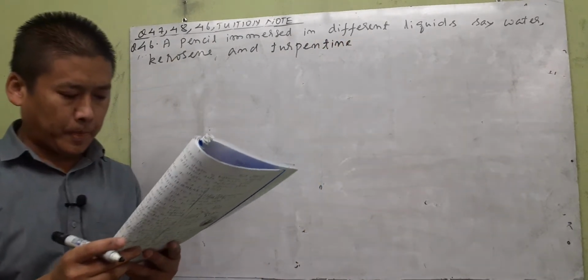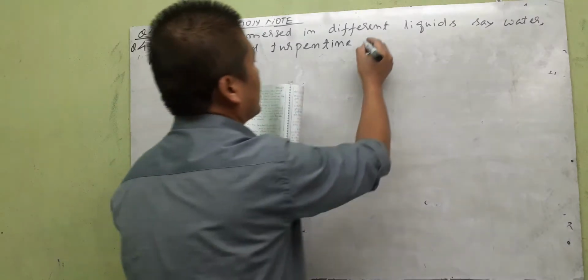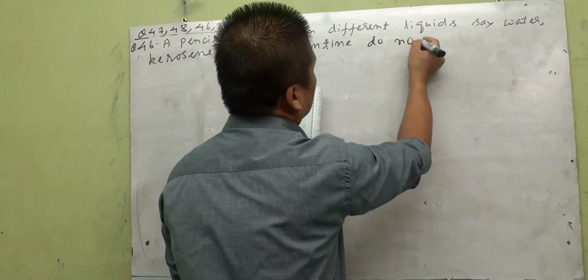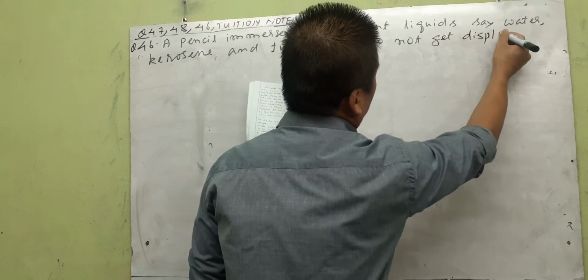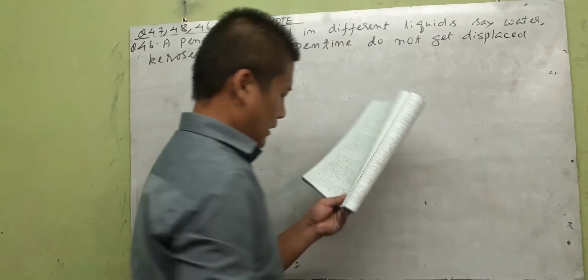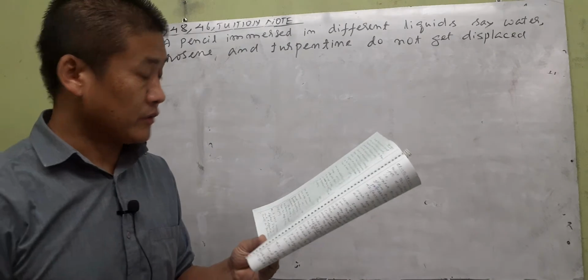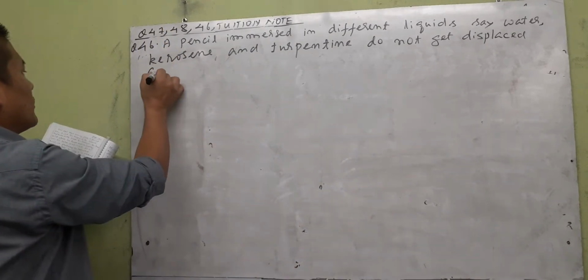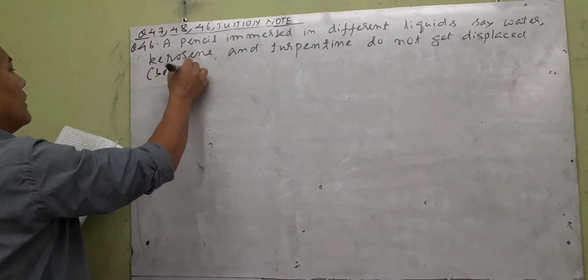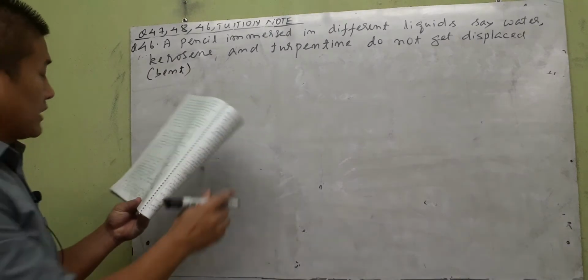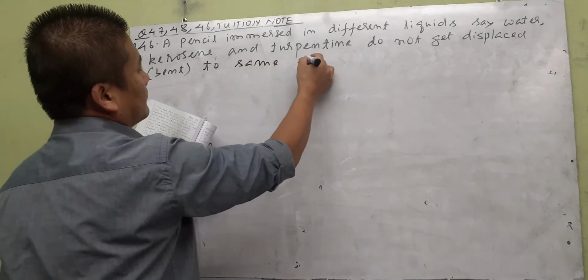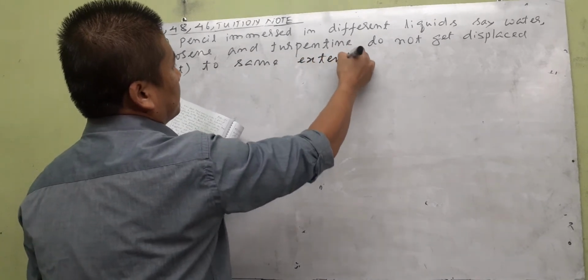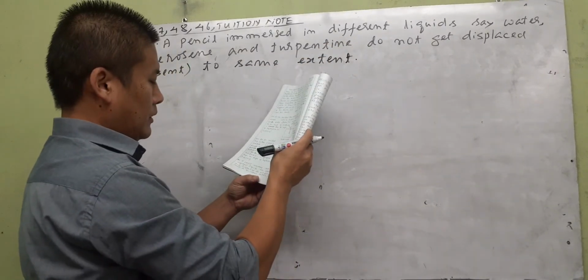Do not get displaced means the image is not bent to the same extent. Do not get displaced means the image does not get bent. The pencil image does not get bent to the same extent.